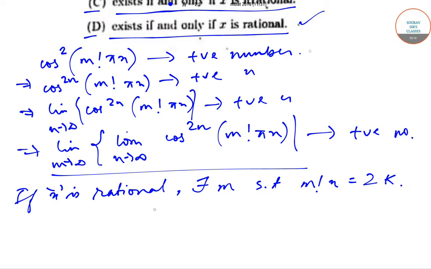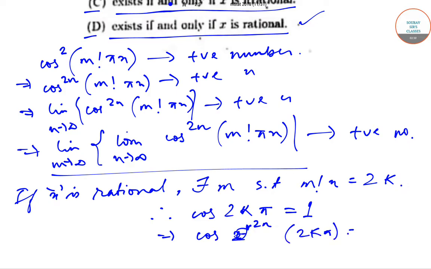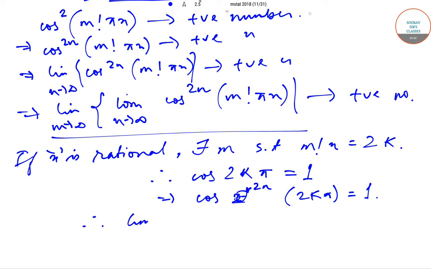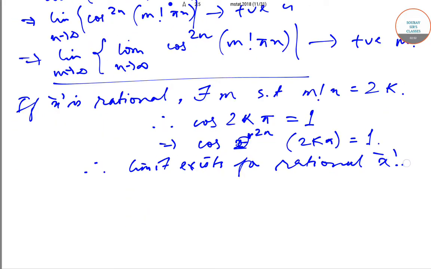In that case, cos of 2k pi will be equal to 1, and this will give us that cos of 2 to the power n 2k pi will also be equal to 1. That will give us that the limit exists for rational x. Now let us find out for irrational.